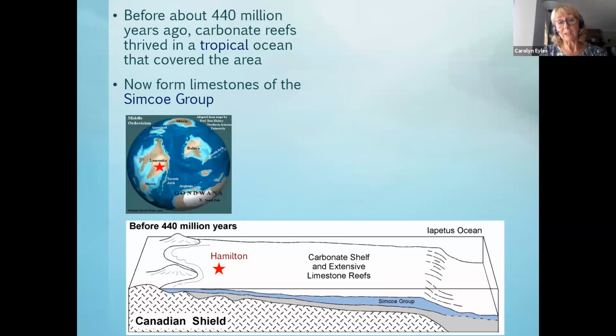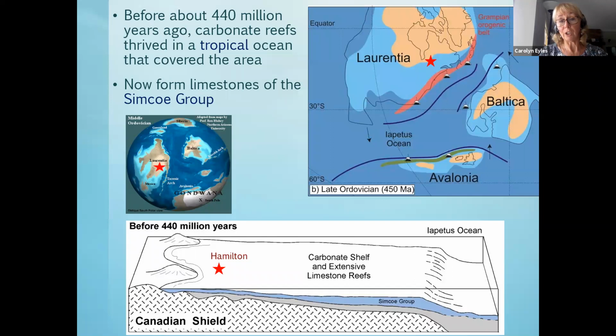And so this is a little diagram showing our paleogeography at this time, very different to today. Continents were quite differently oriented and put together at this time. We were actually part of what we call Laurentia. That's the ancient continent of North America. And this is a larger image to show that. So the red stars here are always where Hamilton is.